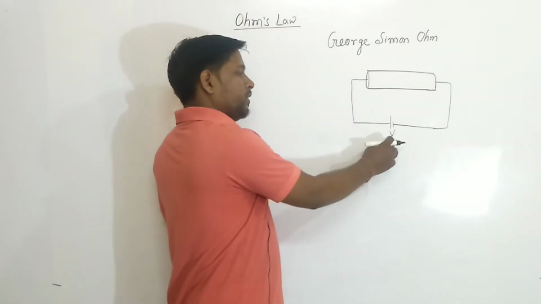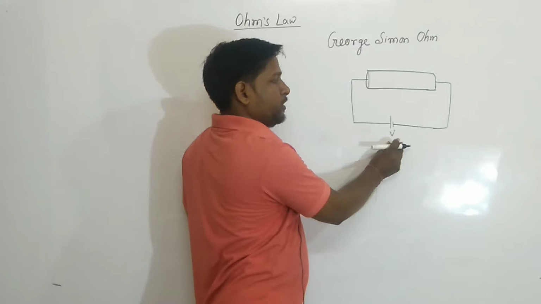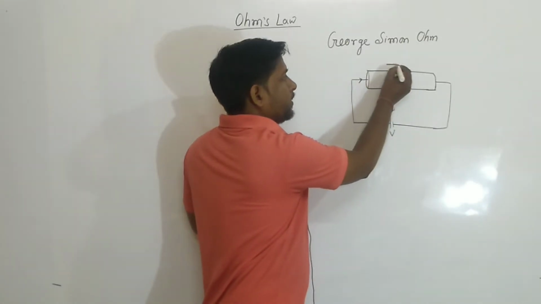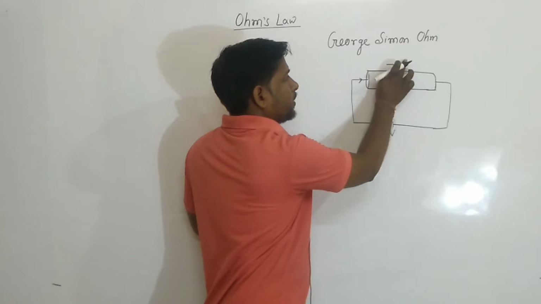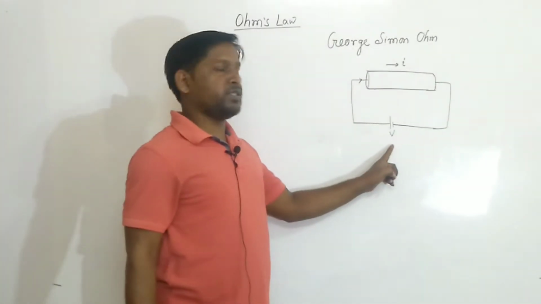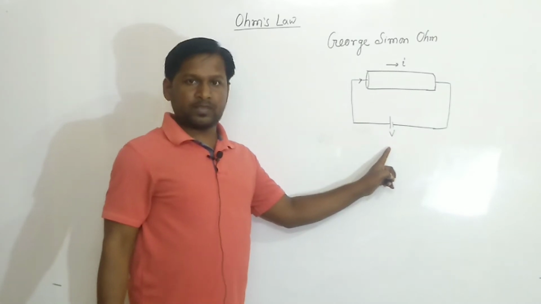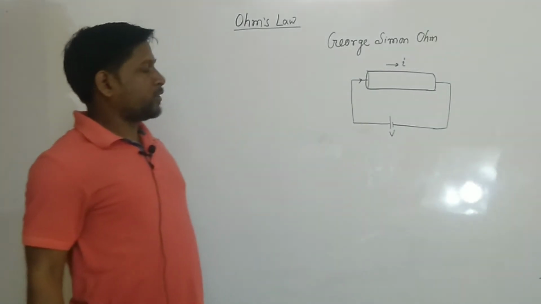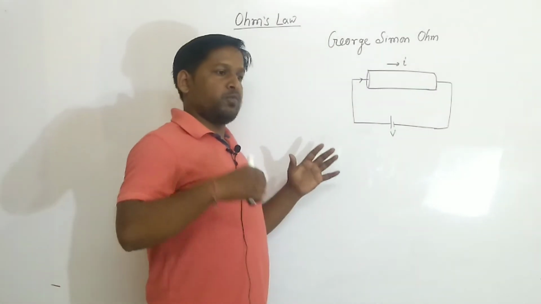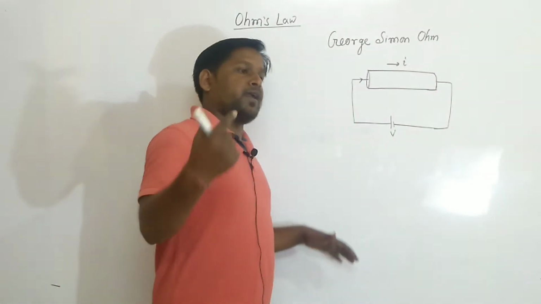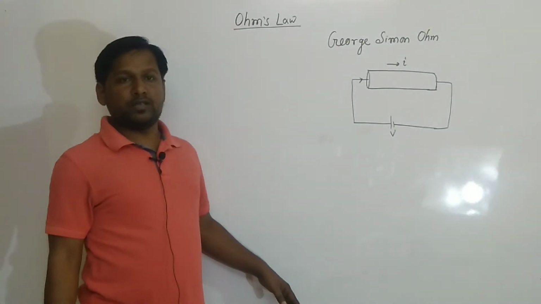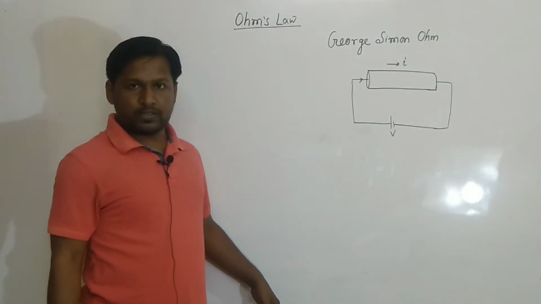When the value of this potential difference is changed, the current passing through this conductor also changes with change in its value V. So when he observed this phenomenon, that when potential is changed, the corresponding current also changes, he wanted to establish a relation between these two different quantities.